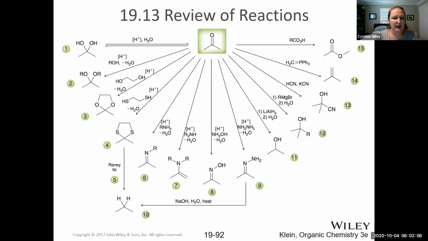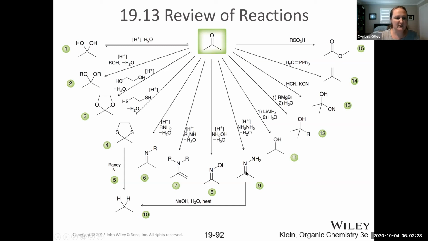There was lots of reactions covered in this chapter. A lot of these reactions are reversible. I'm not sure they show the reversible arrow for hydrate formation, but they should also show it for acetal, cyclic acetal, thioacetal, imine, enamine, oxime, hydrazone formation.